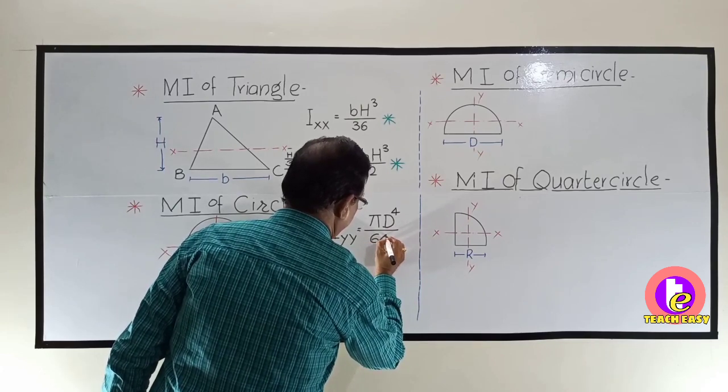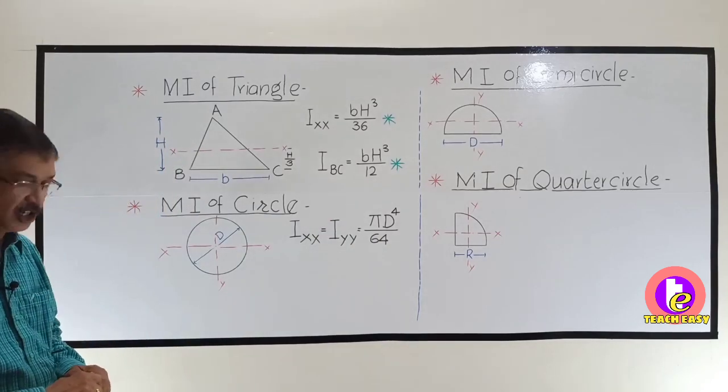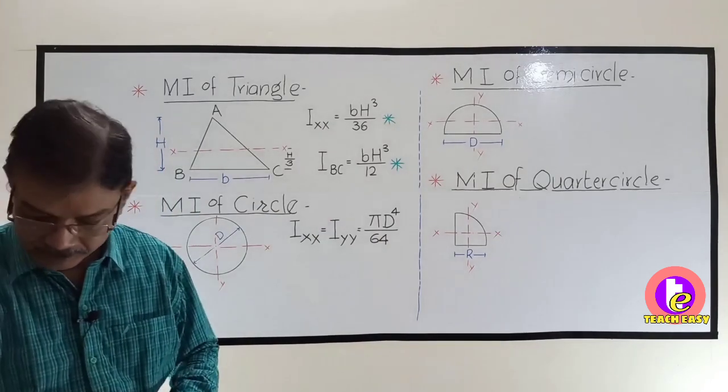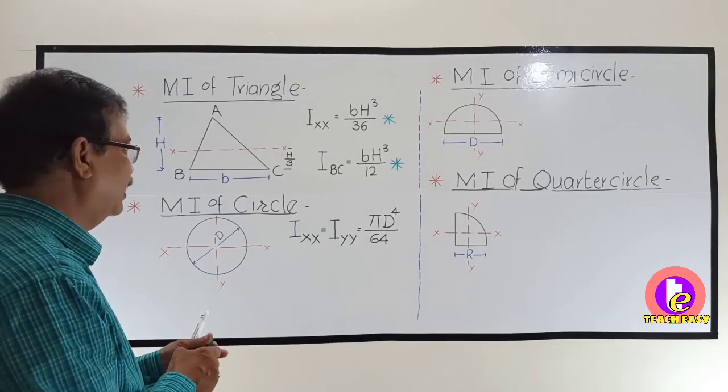Whenever curves are there, pi will be there. This is the standard formula of moment of inertia of solid circular section about any diameter, that is about x-x axis or about y-y axis.